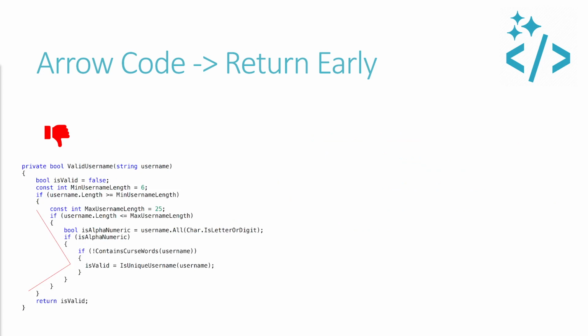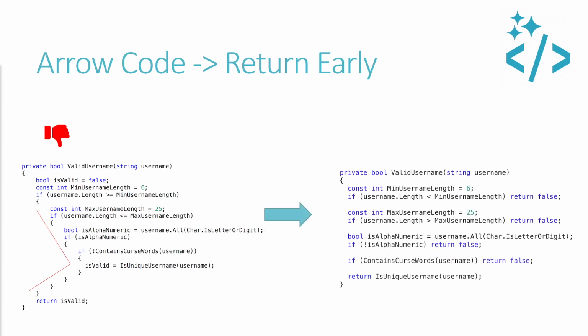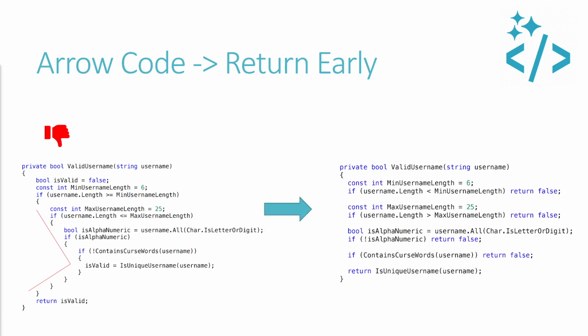We have here again this arrow code, and what we can do is to return earlier in case some of these checks is not okay. It's perfectly okay to do this if the code is simple, if the methods are short, and then this indentation is not so big. This looks more linear and makes it easier to understand.